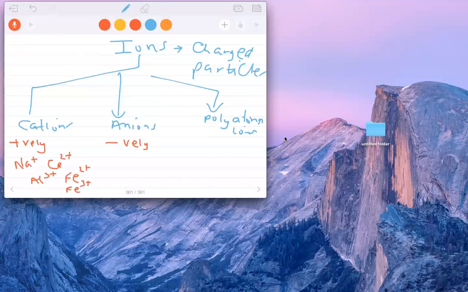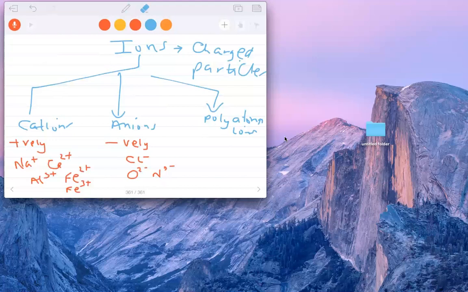And we have negatively charged particles we call anions, and this includes such things as chloride, Cl-, O2-, and N3-. I didn't mean to have that as a subscript, but it should be superscript.